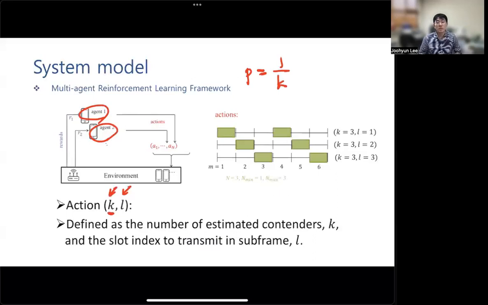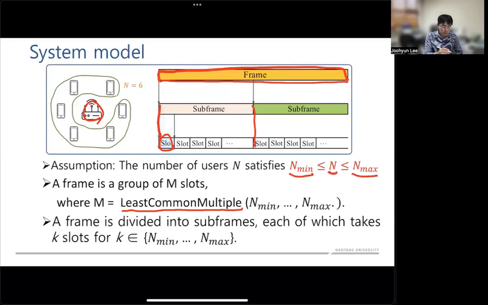So the idea is that the agent that chooses action k thinks that there are k users nearby. And then the second number l will be chosen between 1 and k, such that this is the index of a slot in a subframe that each user selects.